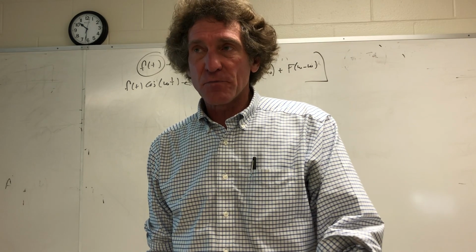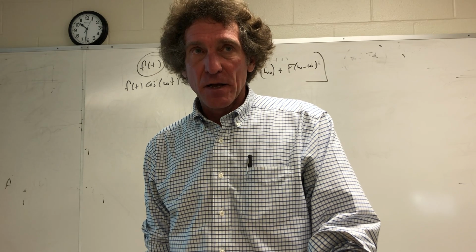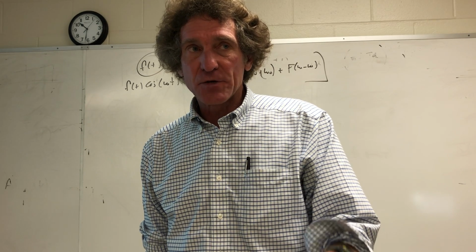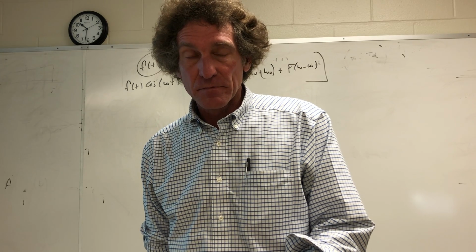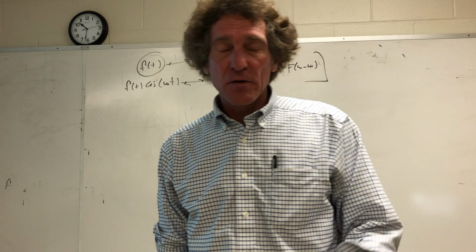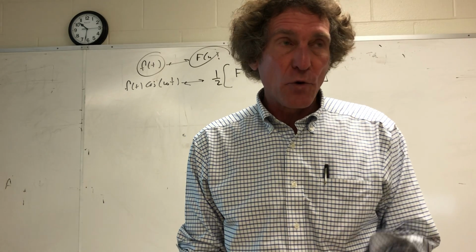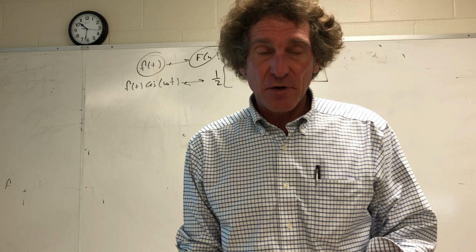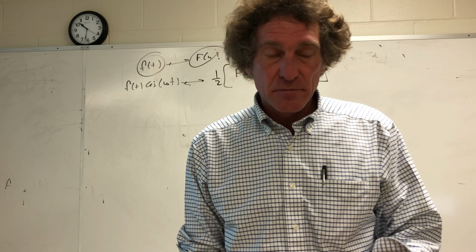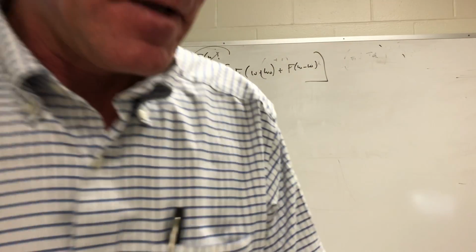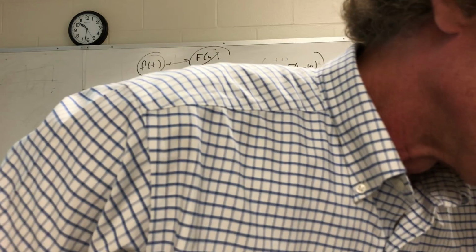Look for f of t times cosine omega naught t. Well, that's not on here. Look at sine omega naught t, or e to the j omega naught t. There has to be one of them. It's right here: f of t goes to F of omega minus omega naught. See that? All right.